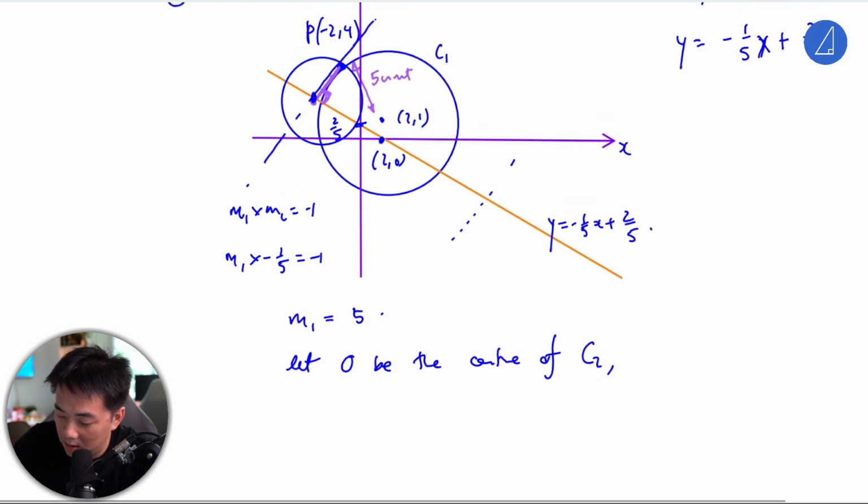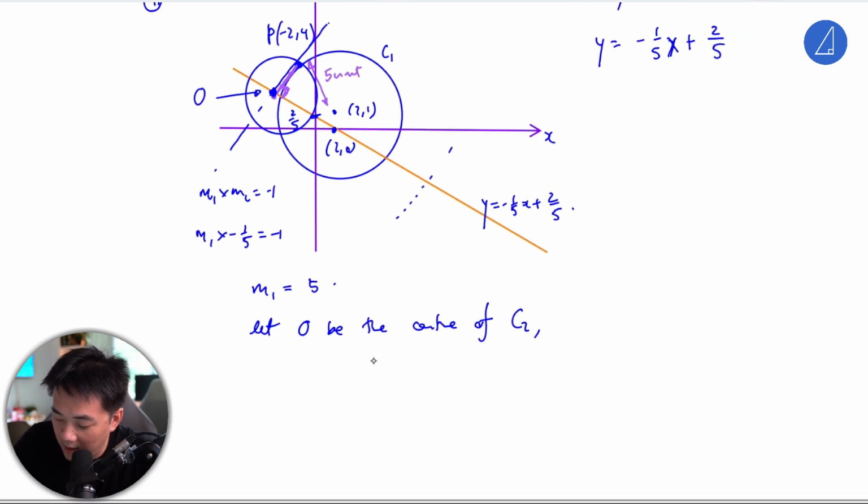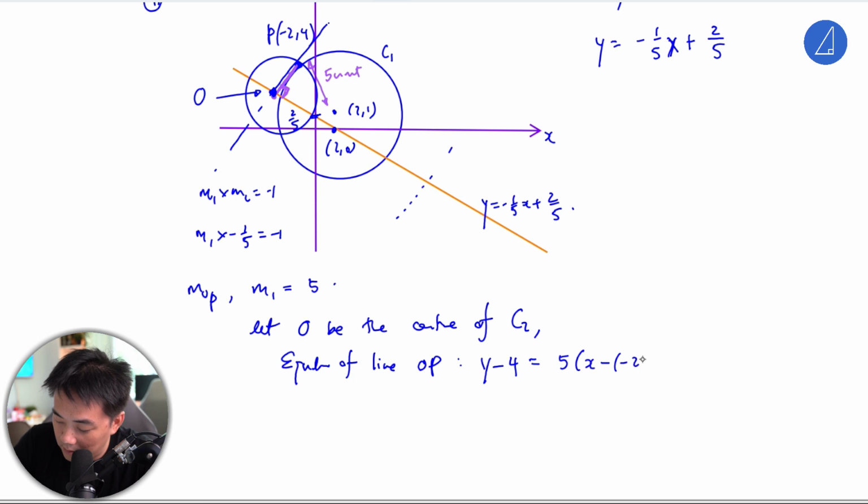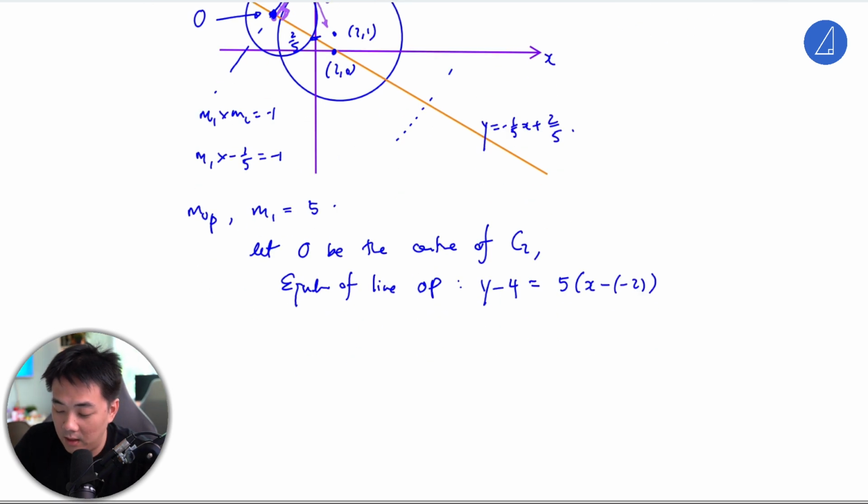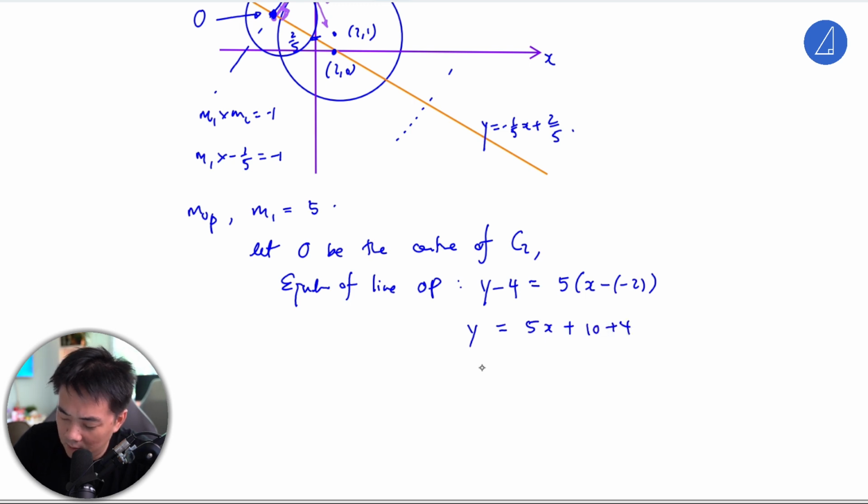So essentially this is O. So I know that the equation of line OP will be y minus 4 equals to m_OP times, so y minus 4 equals 5 times x minus 2. So I just find the line equation here. So y equals to 5x minus 10 plus 4. So y equals to 5x plus 14.